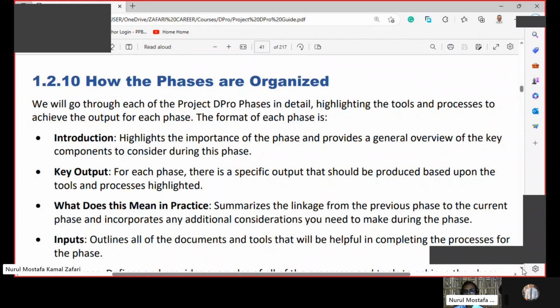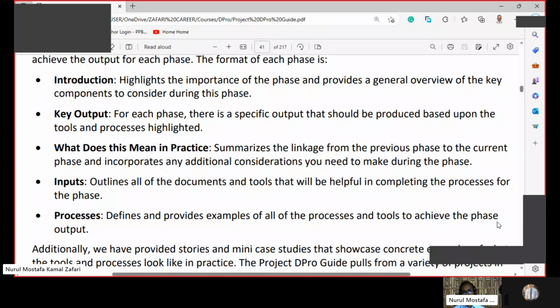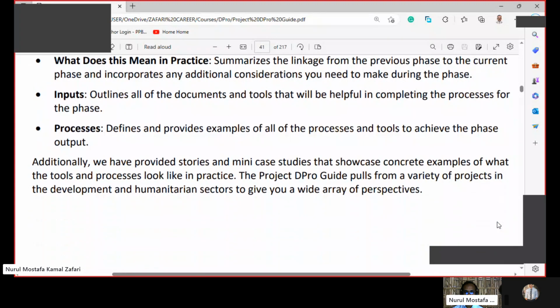Inputs outlines all of the documents and tools that will be helpful in completing the processes for the phase. Defines and provides examples of all the processes and tools to achieve the phase output. Additionally, we have provided, okay.